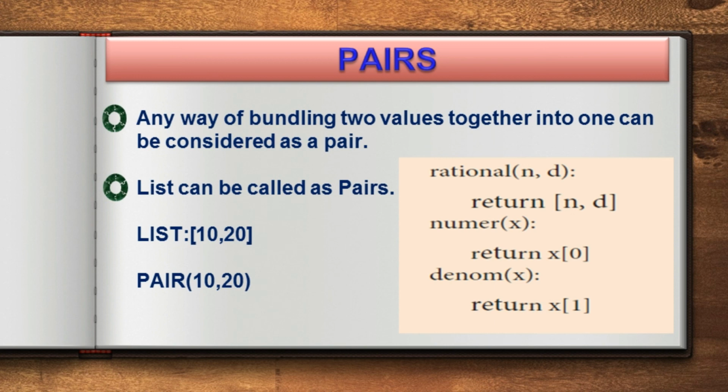Next, numerator of x returns x of 0. So the numerator of x is stored at index value 0. Next, denominator of x returns x of 1, the index value 1 in the list. So the denominator is stored at index value 1 in the list.